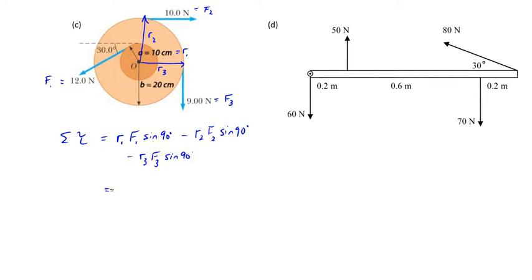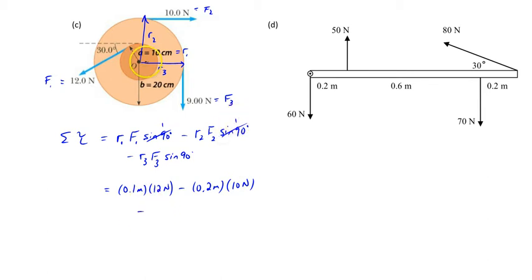So now let's go ahead and plug in. R1 would be 10 centimeters, but we need to put that into meters, 0.1 meters, multiplied by the force of 12 newtons. Sine 90 is 1. R2 is a distance of 20 centimeters from the center, so we'll put that as 0.2 meters, multiplied by the force of 10 newtons, and the sine of 90 is 1.